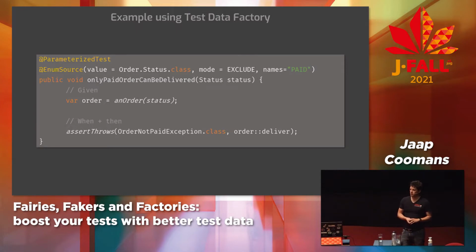So I have a parameterized test, and this time my method is called an order. I don't care what order. It can be for a car, for a book, for whatever, 10 books. All I care about is the status, so I add a parameter there to put in the status. And this way I can very easily test all non-paid statuses and still have my test data in order.